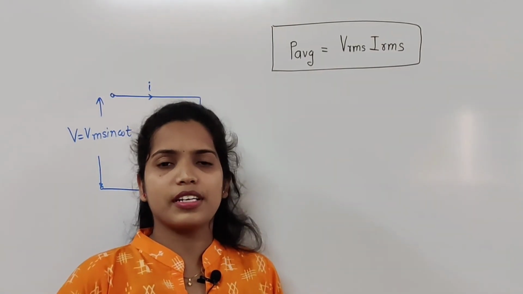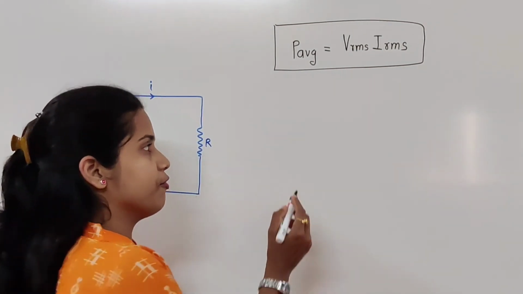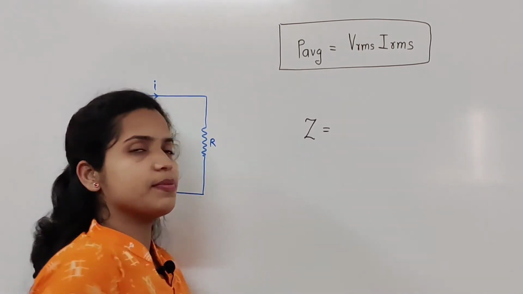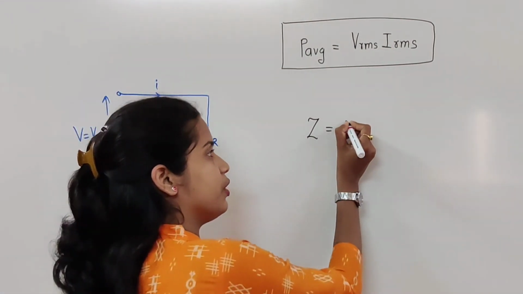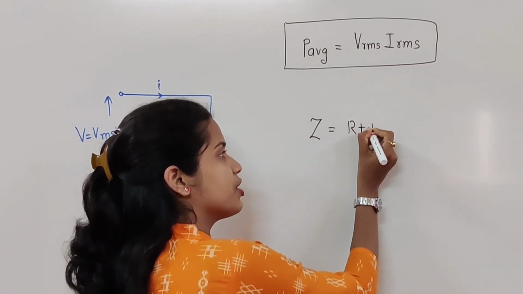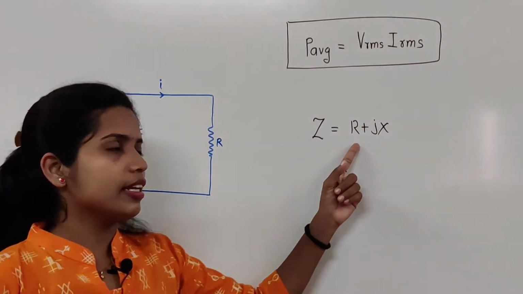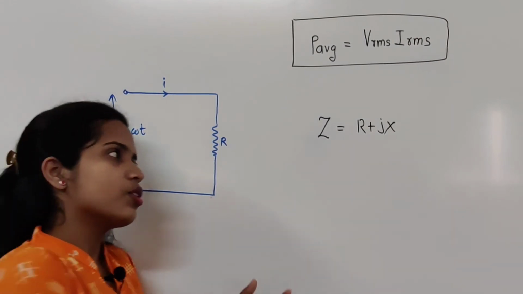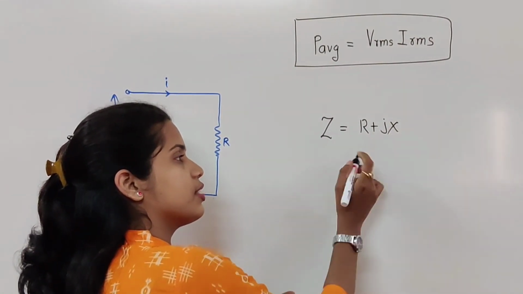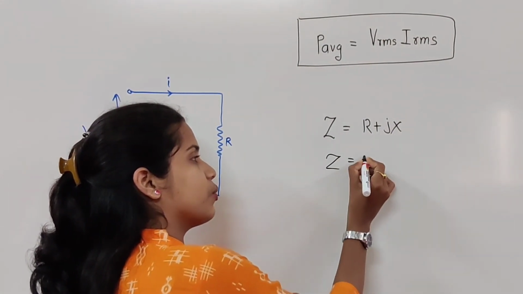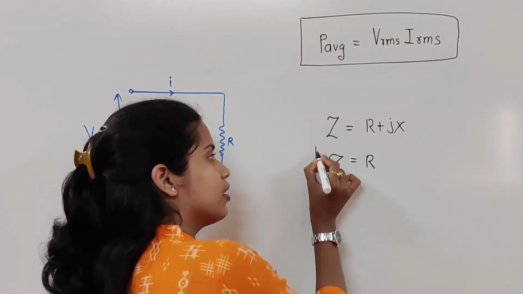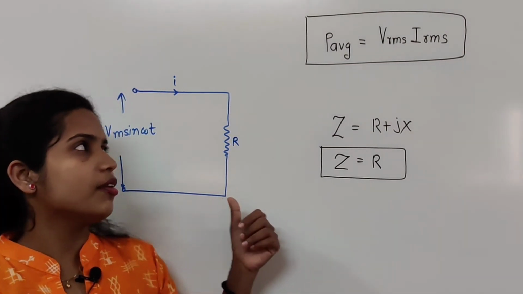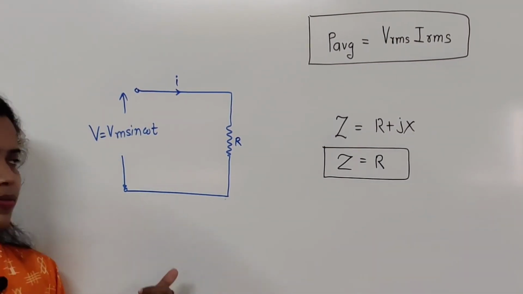And impedance for a resistive circuit: Z is equal to R plus jX. Here only the resistive component is given. There is no reactive part. So X is 0, which means Z is equal to R only. So impedance is equal to resistance in a purely resistive circuit.